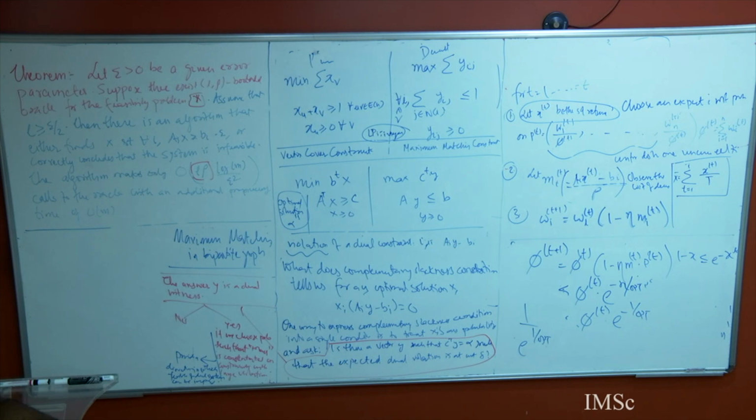Suppose I had a feasible primal solution of value less than or equal to alpha. What is the meaning of that?